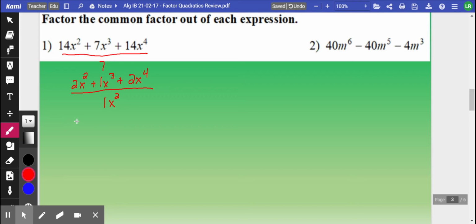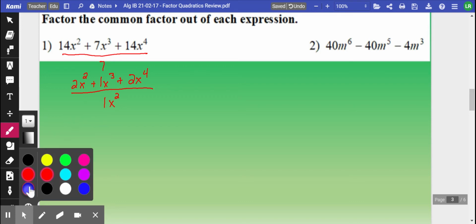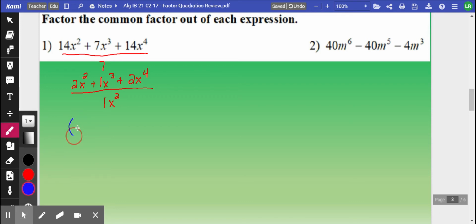And that's going to leave me with 2 plus 1x plus 2x squared. That's what goes inside of my parentheses. On the outside, 7 times 1x squared is 7x squared.